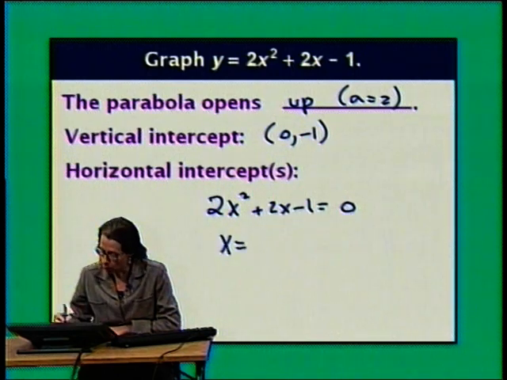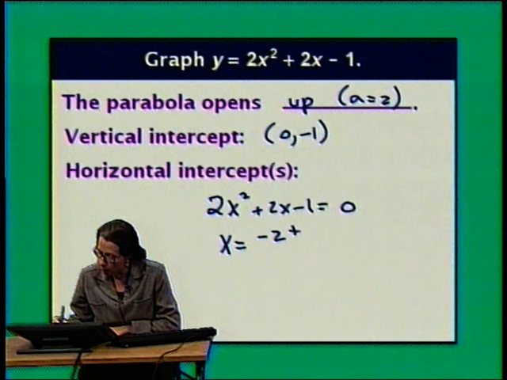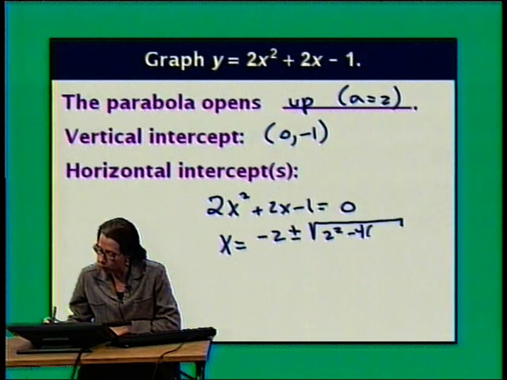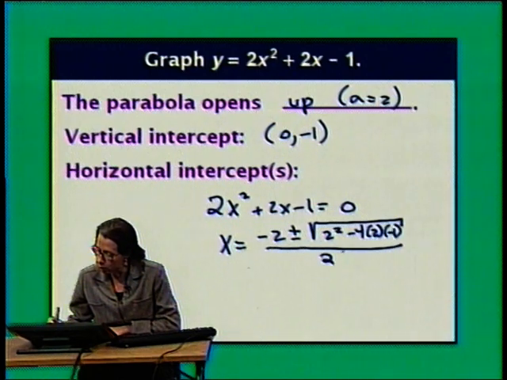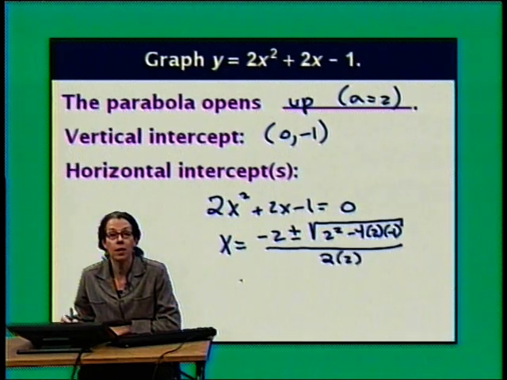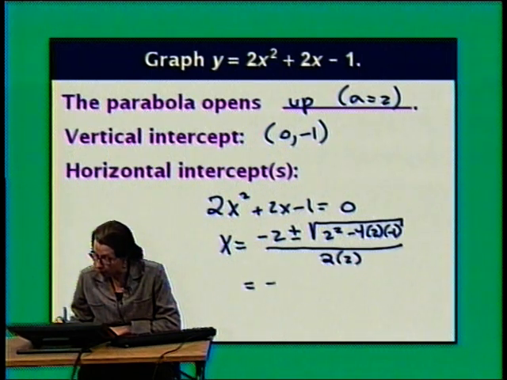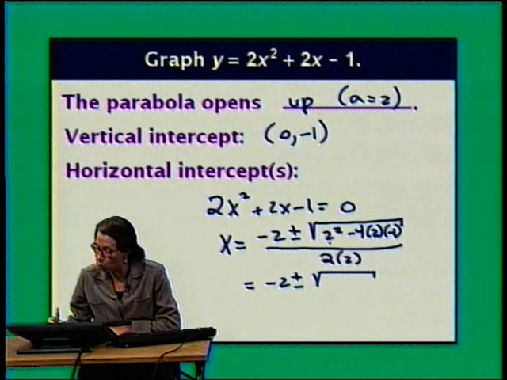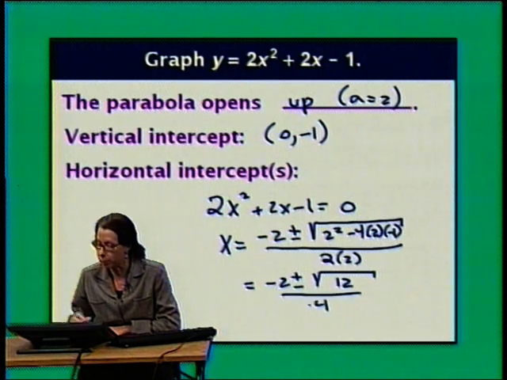So I have x equals the opposite of b plus or minus the square root of b squared minus 4ac, all over 2a. Simplifying this a little bit, I have negative 2 plus or minus the square root of 4 plus 8, which is 12, all over 4.